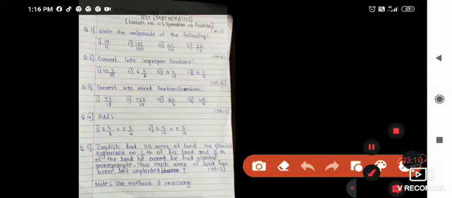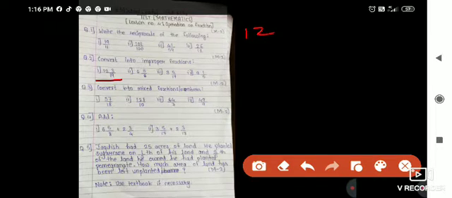What we have to do here is convert into an improper fraction. I told you how to do this. We have to do the multiplication of this and that number.